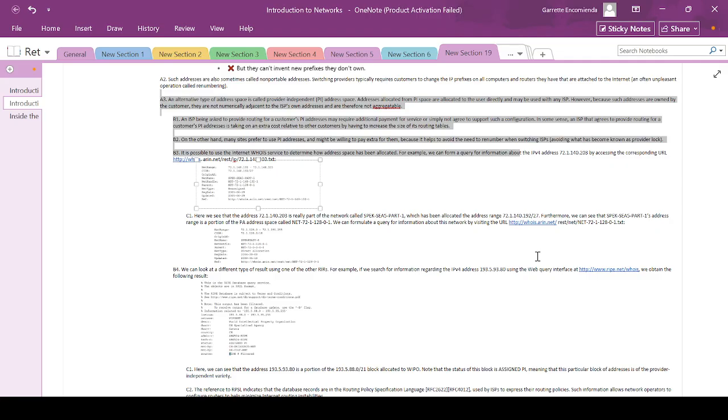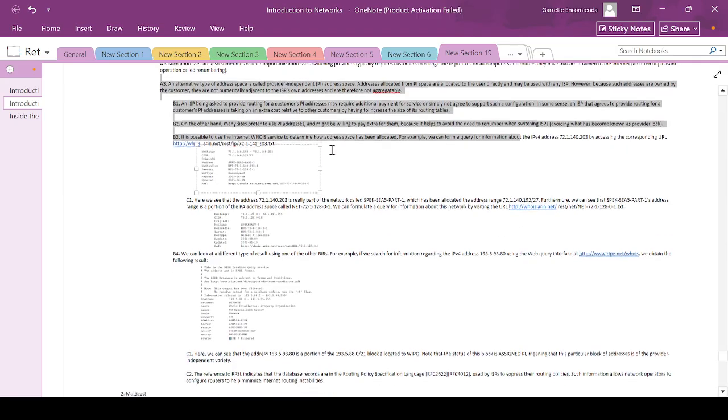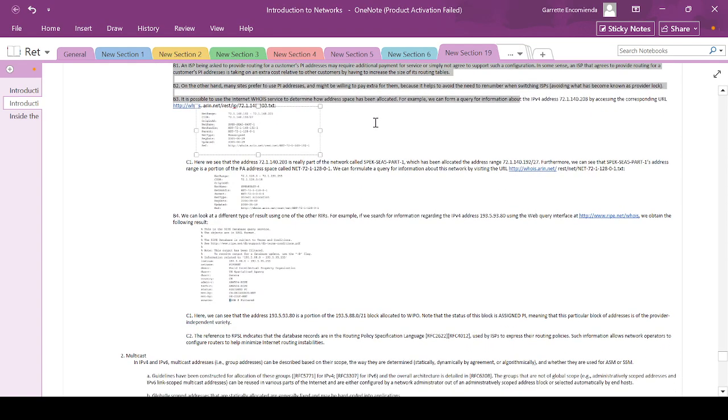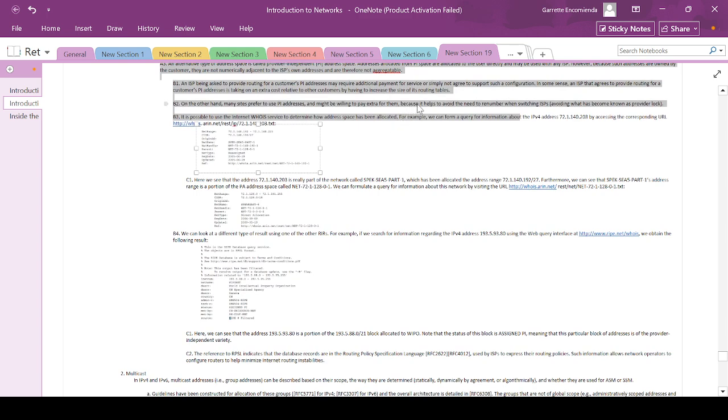and therefore are not aggregatable. So an ISP being asked to provide routing for a customer's PI addresses may require additional payment for the service or simply not agree to support such a configuration. In some sense, an ISP that agrees to provide routing for a customer's PI addresses is taking on an extra cost relative to other customers by having to increase the size of its routing tables.